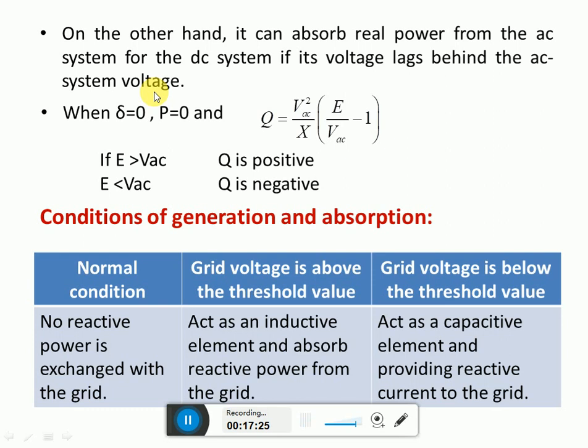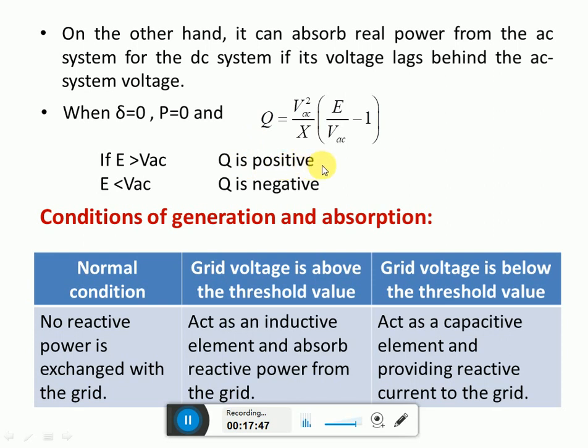Now when delta is 0, as already mentioned, P is 0. What is Q? Q is given by this expression. When E is greater than VAC, this term gets a value greater than 1, so Q becomes positive.